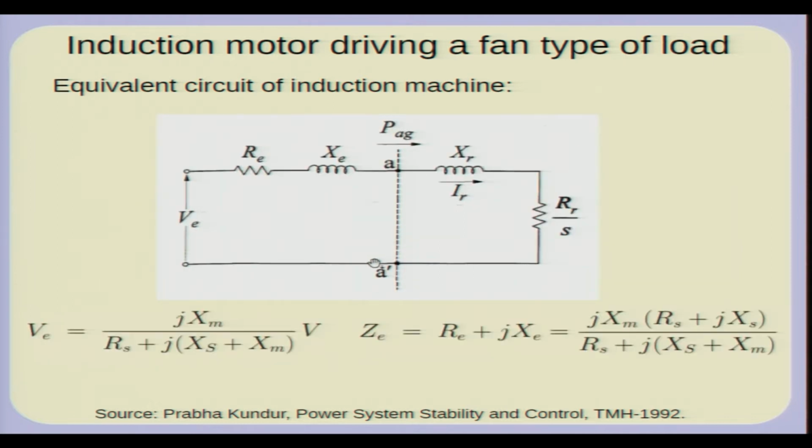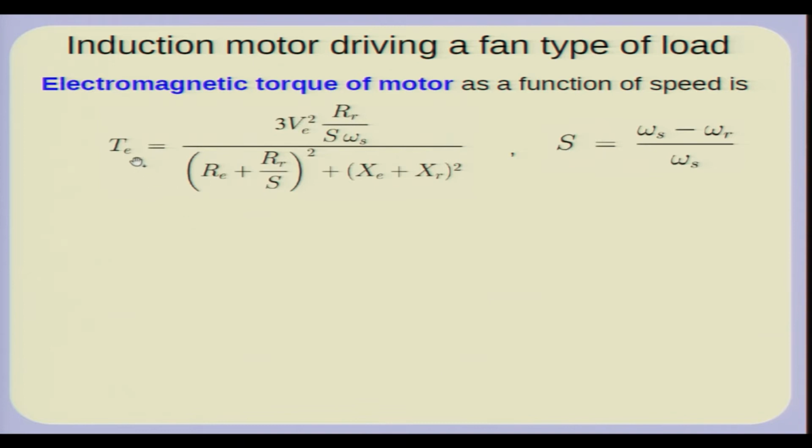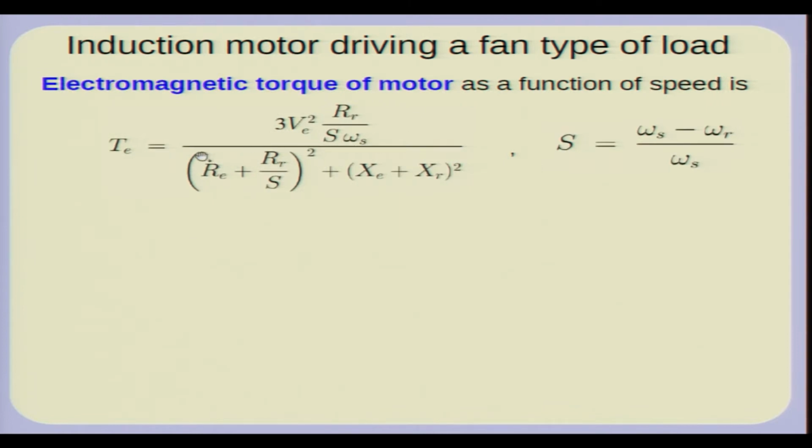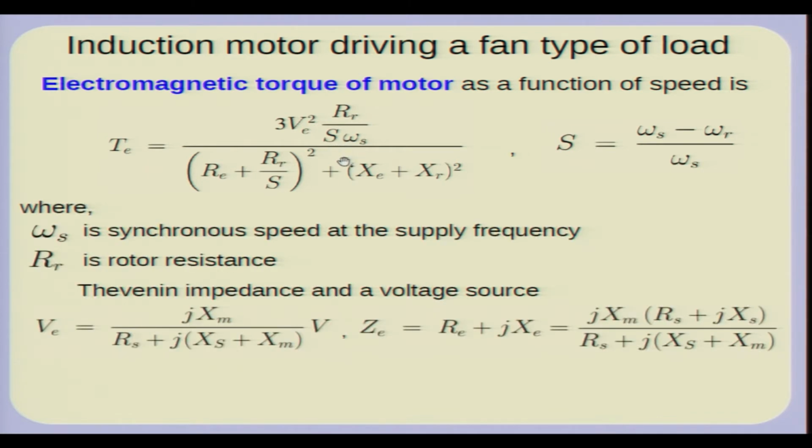Once you do that, the Thevenin equivalent voltage and impedance are given by this, and the electrical torque, which is not proved here, comes out to be a function of the slip, where omega s is the supply frequency and RR is the rotor resistance.